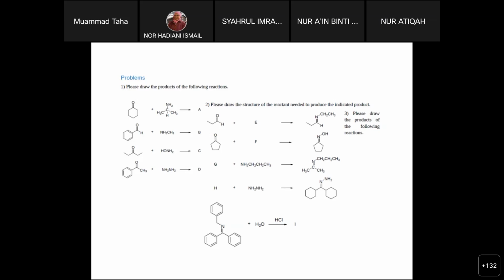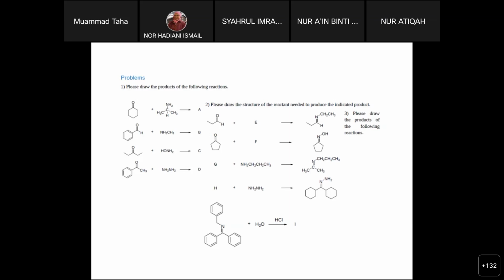This is simple. Yes, imine. This will form imines. Yes, good. The oxygen will be replaced by the nitrogen, and the rest of the things remain the same.